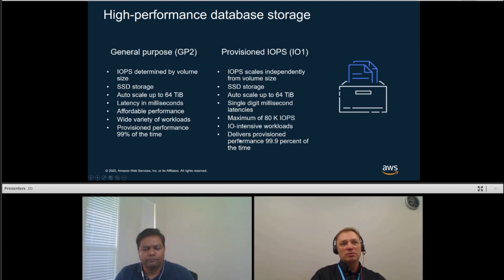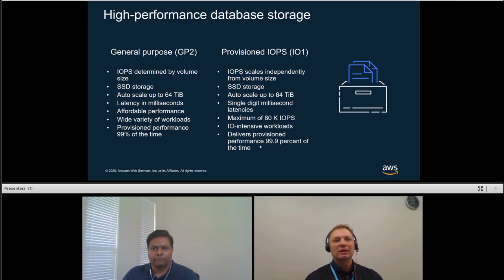Now, if you look at the very last bullet point, general purpose delivers performance 99% of the time. Provisioned IOPS, on the other hand, is designed to deliver performance 99.9% of the time. So the standard deviation of actual delivered performance is much tighter. And again, yes, they're both backed by SSD devices, but they are two different services. That makes sense.